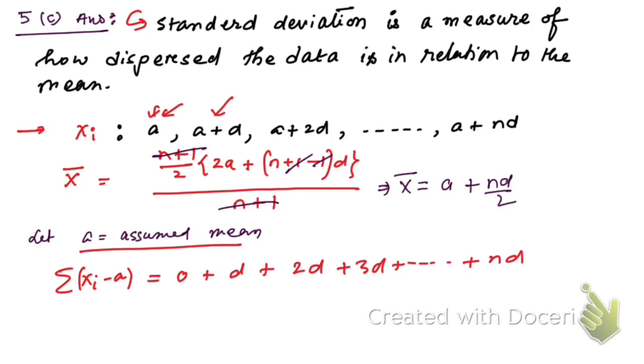Now take d common: d into (1 plus 2 plus up to n). The sum of the first n natural numbers is n into (n plus 1) divided by 2, and we have d here.